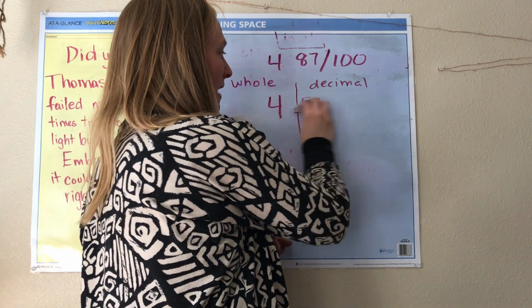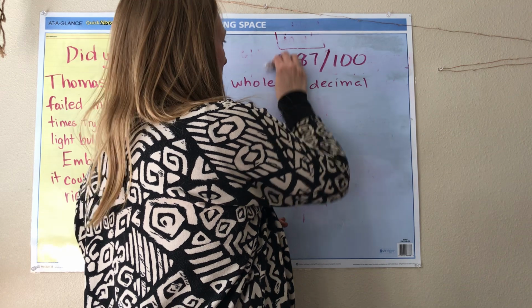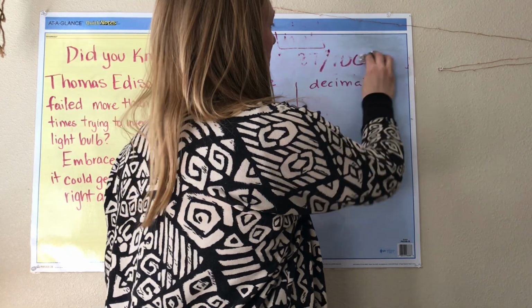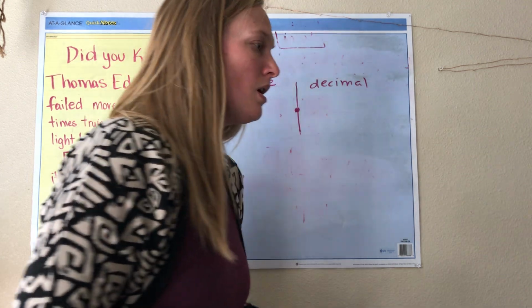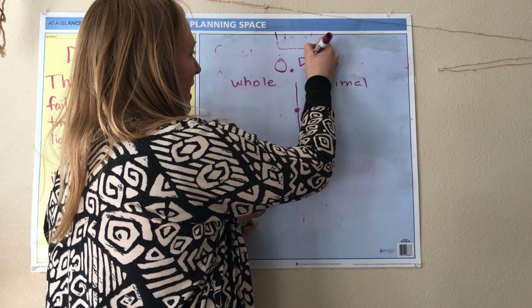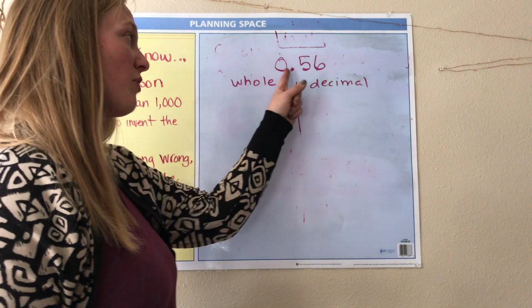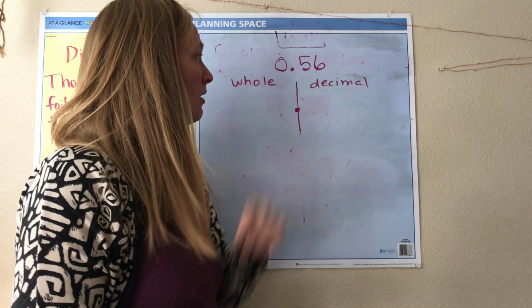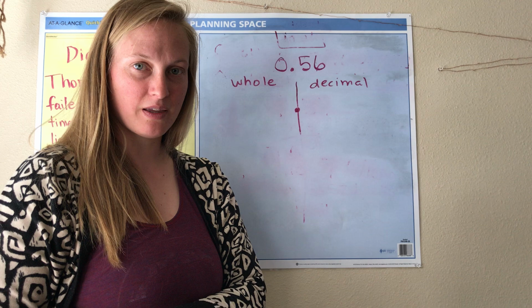Question number 7. We are working on turning 0.56 into a fraction. Again, read the decimal point out loud. 0 and 56 hundredths.